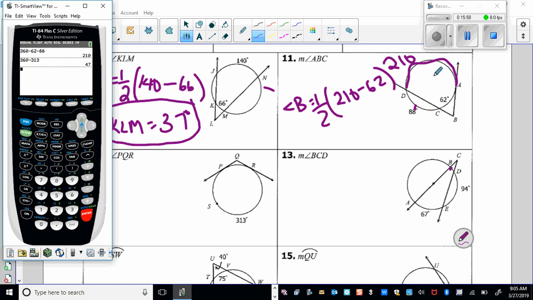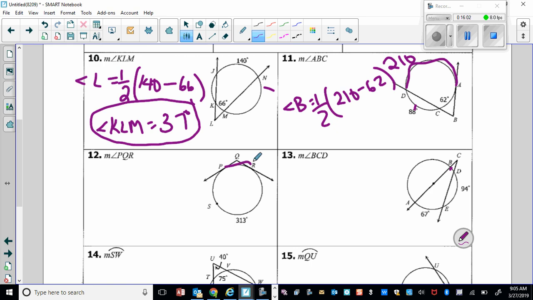So this piece here is 47. Now angle Q is half, don't forget the half, of 313 minus 47. And then you just plug it in, right? This is it, guys. We will finish the rest of the package next.